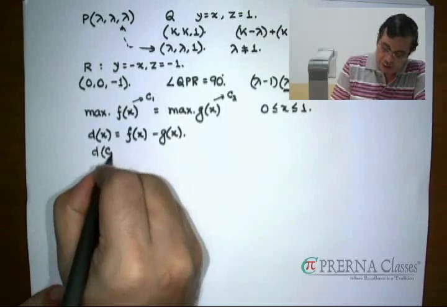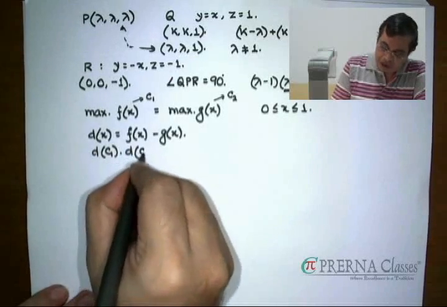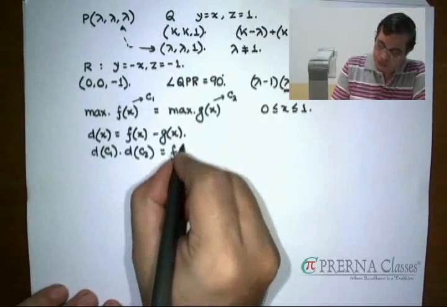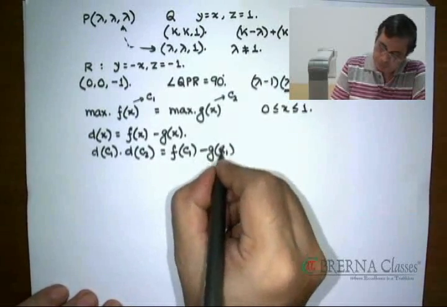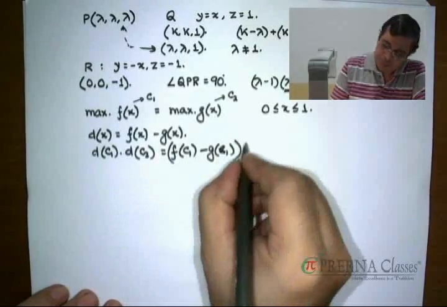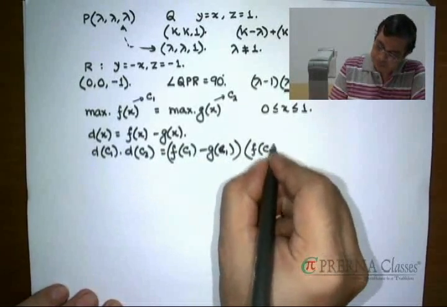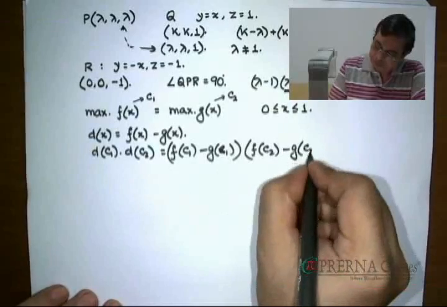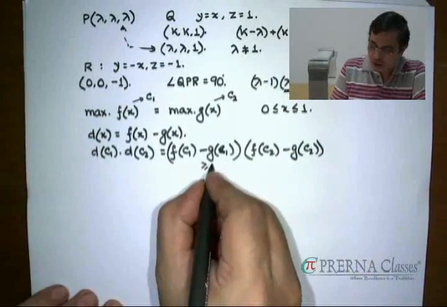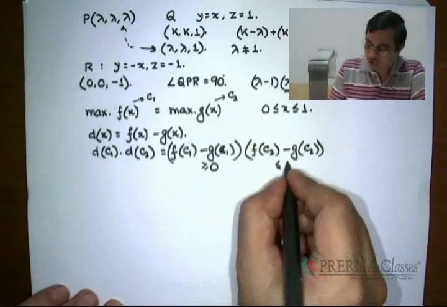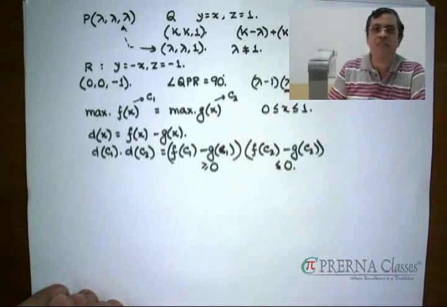If I then consider d of c1 multiplied with d of c2, we would find that this comes out to be the product of two quantities, of which now this quantity is going to be greater than or equal to 0. This quantity is going to be less than or equal to 0.